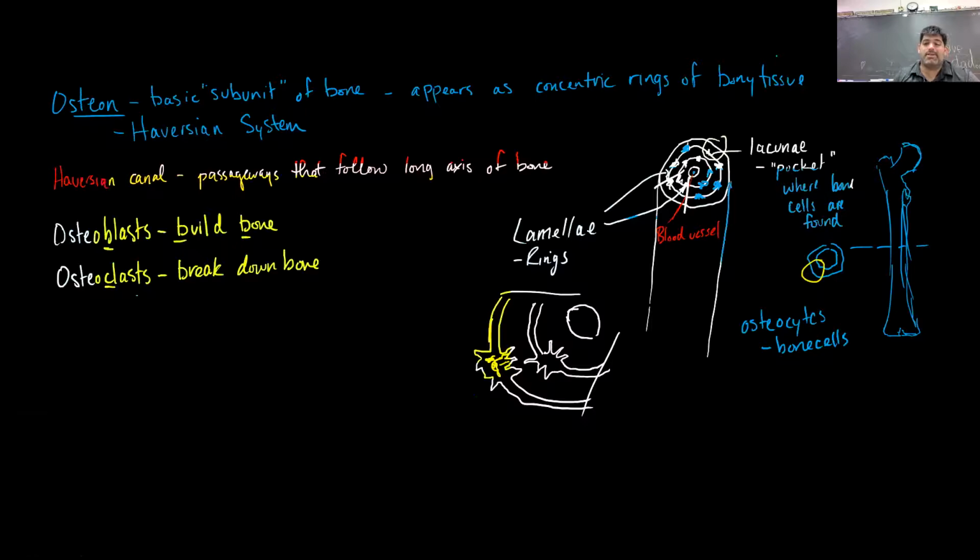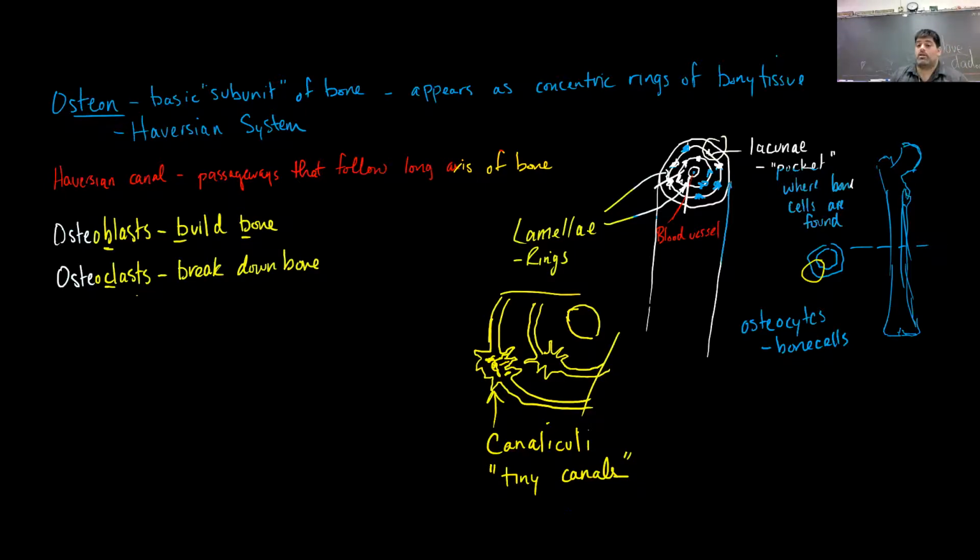And it should be noted, and everything on my screen is going bonkers, it should be noted that the pocket is more than just a simple pocket. The pocket is going to have these little branching spaces that come out called canaliculi, which literally means tiny canals. Tiny canals, okay?